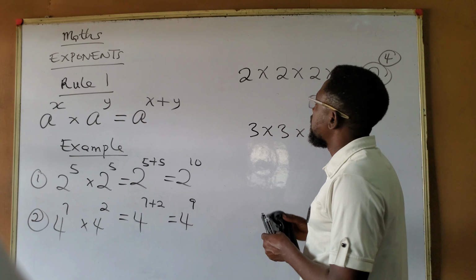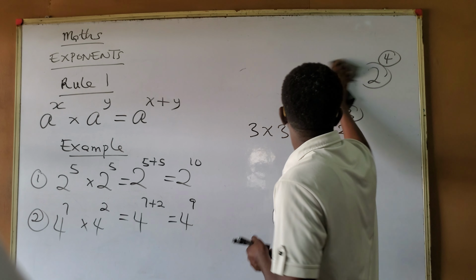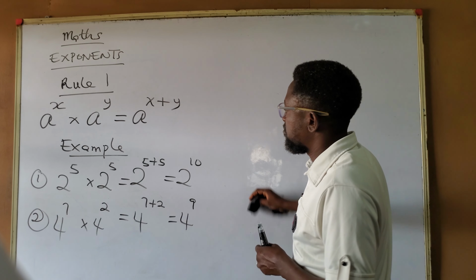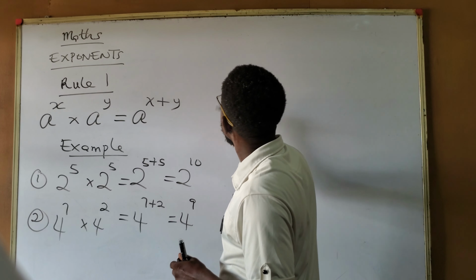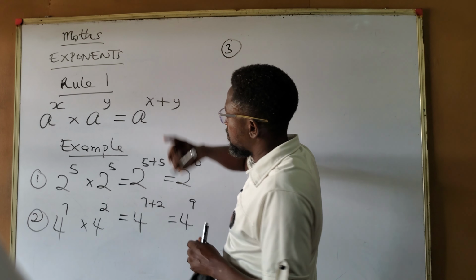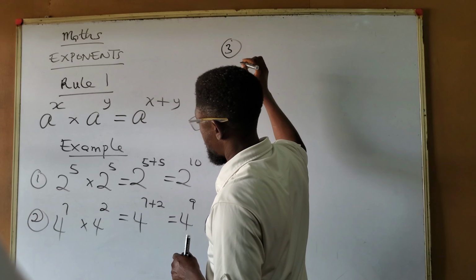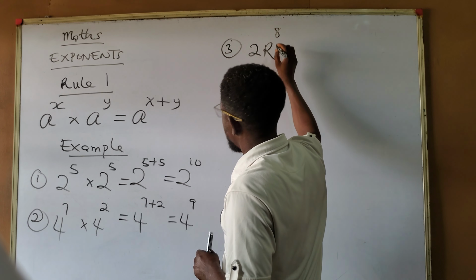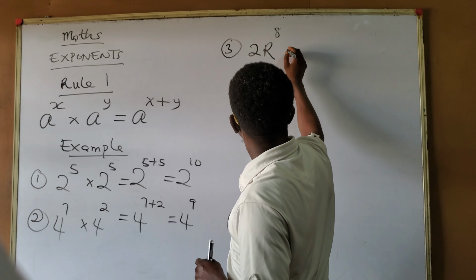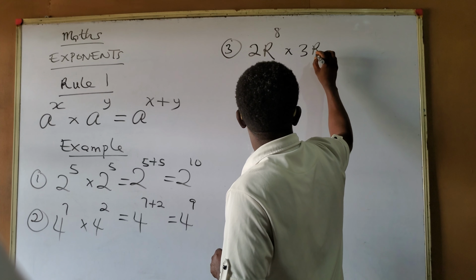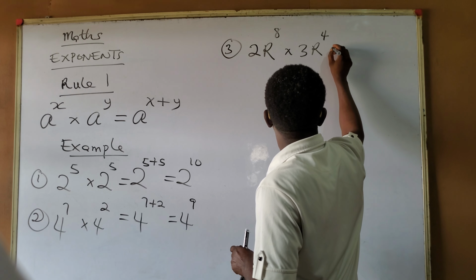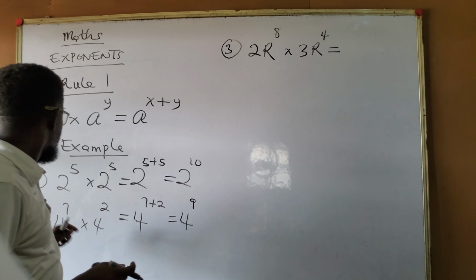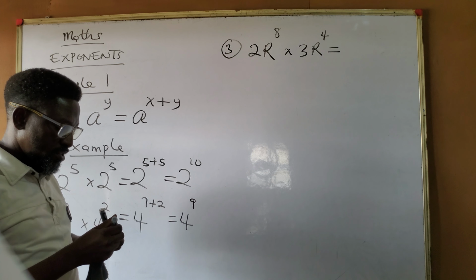If you have something like 2r to the power 8 times 3r to the power 4, you can still make use of the first rule of exponents.